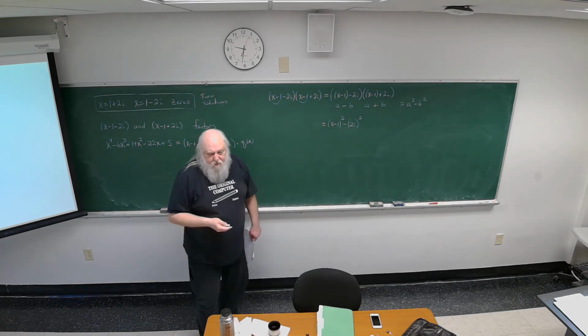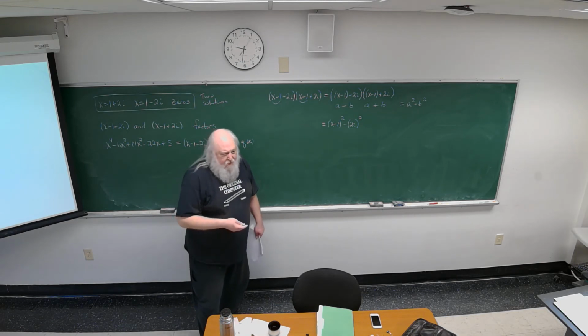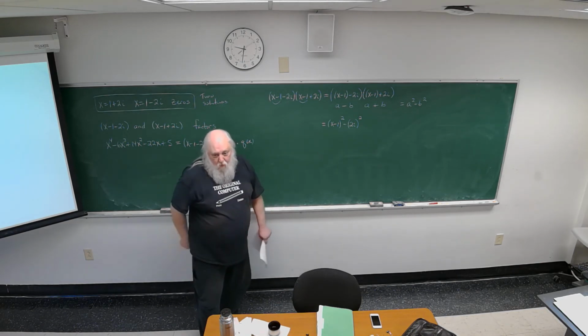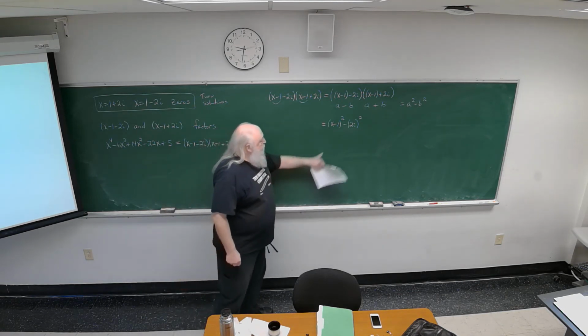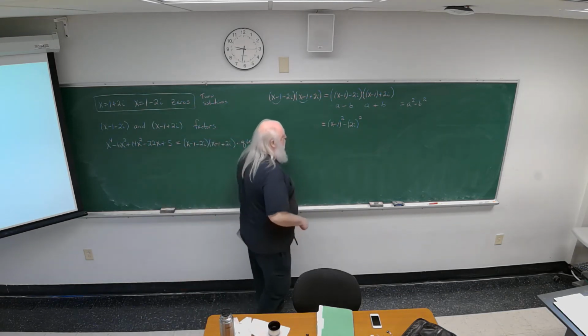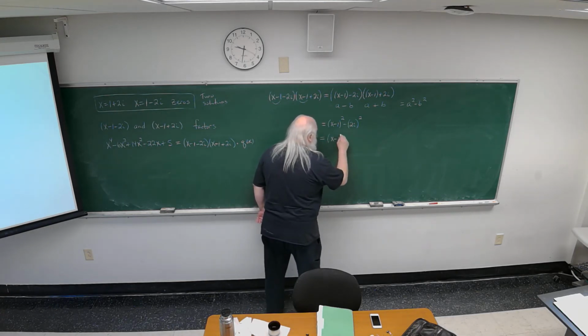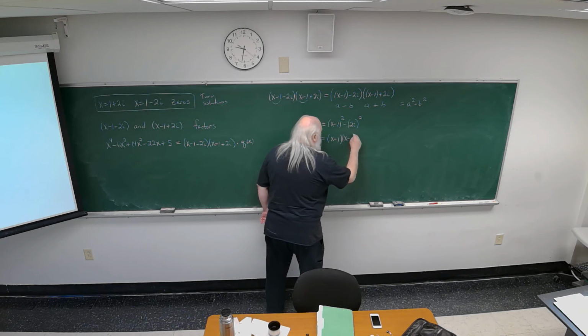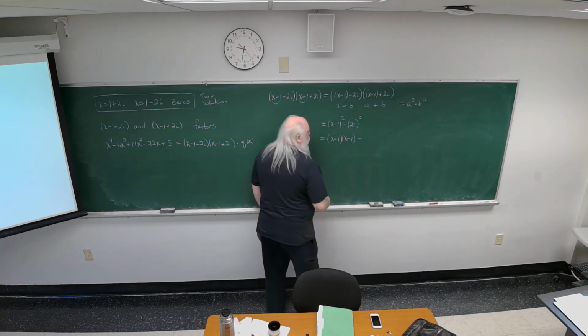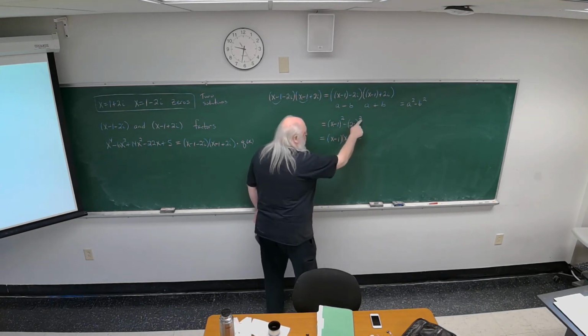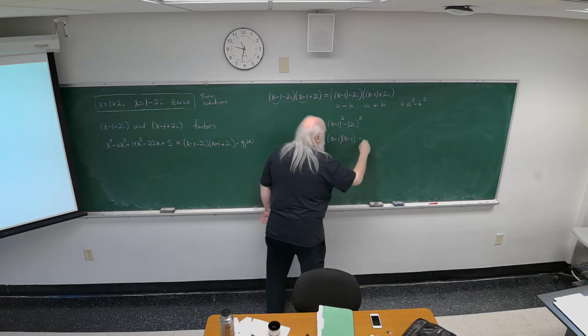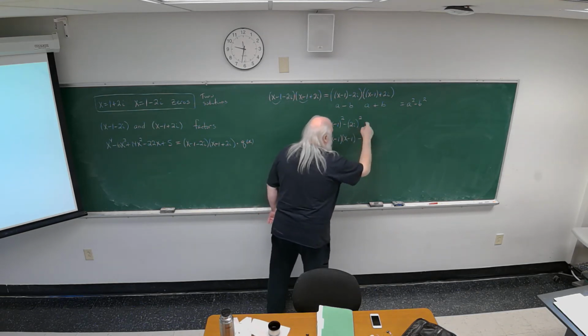You do this enough times, it gets really fast, and you're not doing the long way where you can make a math error anywhere. All right, so you know x minus 1 squared is just x minus 1 times x minus 1. And then by the rules of exponents, 2i squared is equal to 2 squared, which is 4, times i squared.